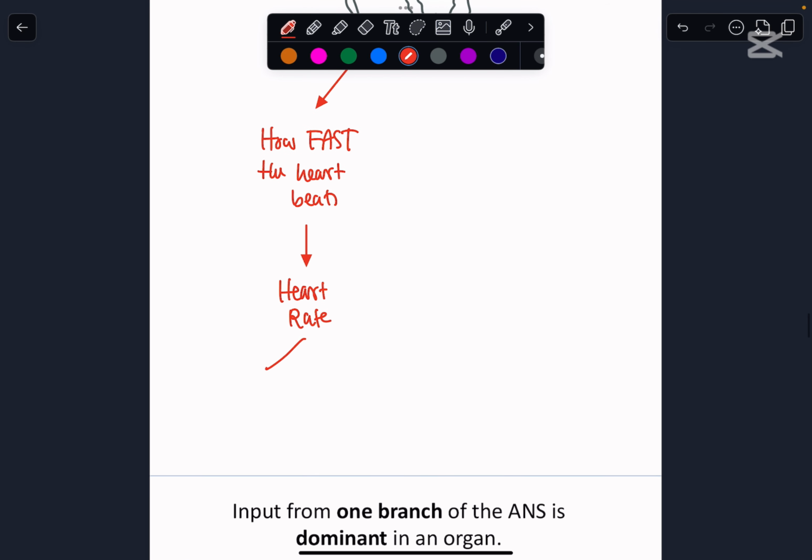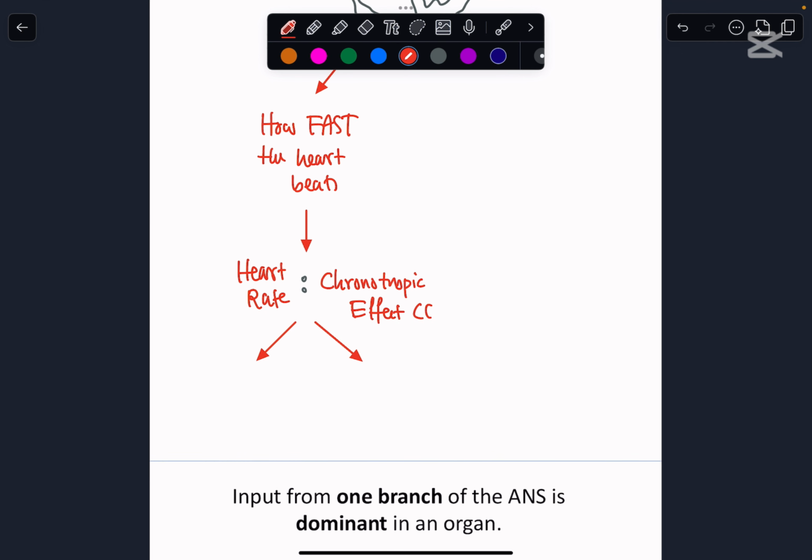And if heart rate goes up, by the way, this is also called chronotropic effect. I'm going to call this CE.